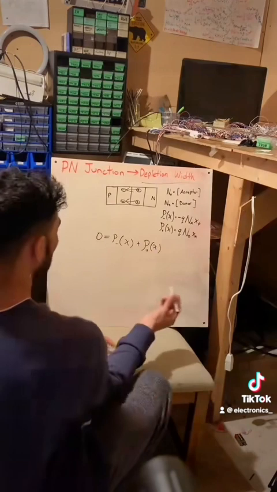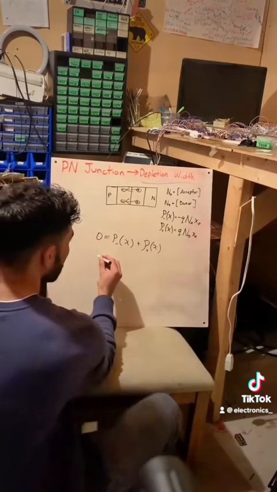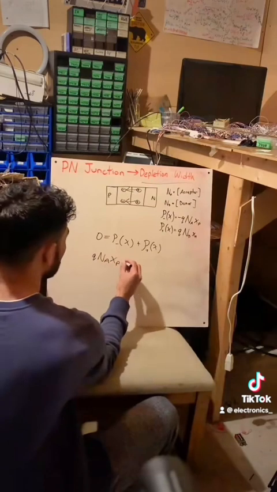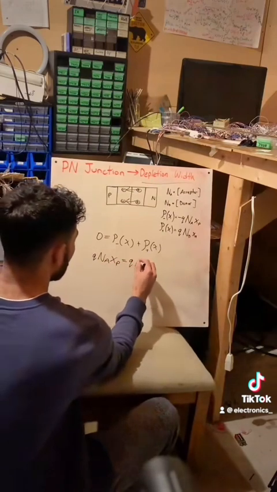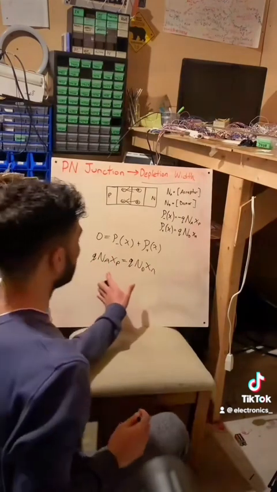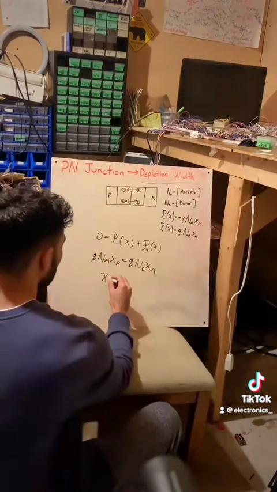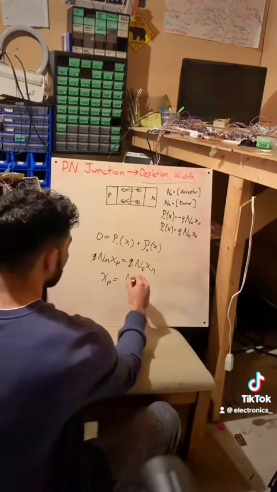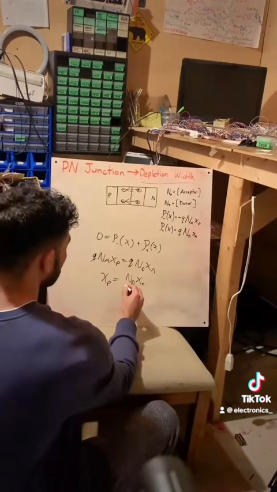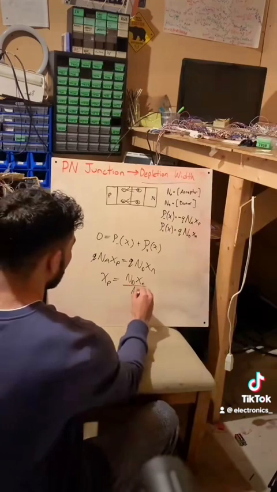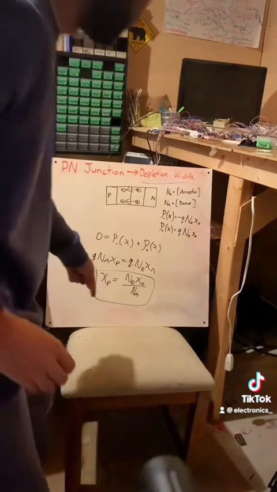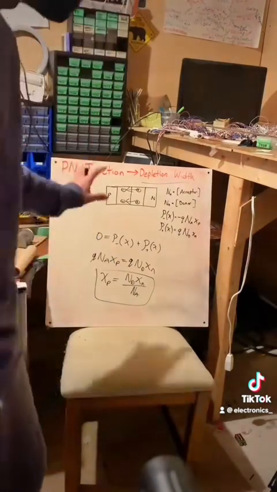What we end up with is Q Na xp is equal to Q Nd xn. The Q's cancel out, and we can solve for xp: xp is equal to our concentration of donors times our N region depletion length, divided by Na. This is going to be pretty useful, so it was important to get it out of the way before we find our built-in voltage.